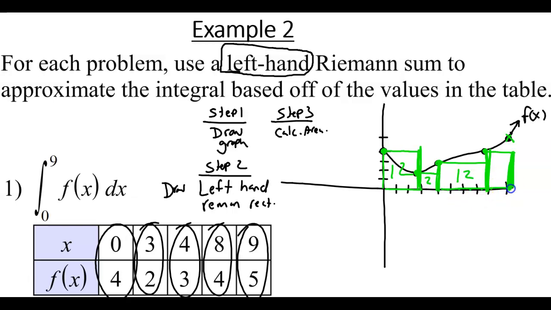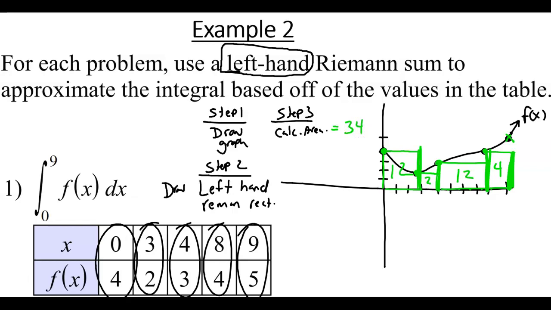And my last rectangle has a base of 1 and a height of 4, so that's 4. And then we just add all those areas up to get our area under the curve. So 12 plus 2 plus 12 plus 4 is going to be 24 plus 6, which is, I guess, 34.